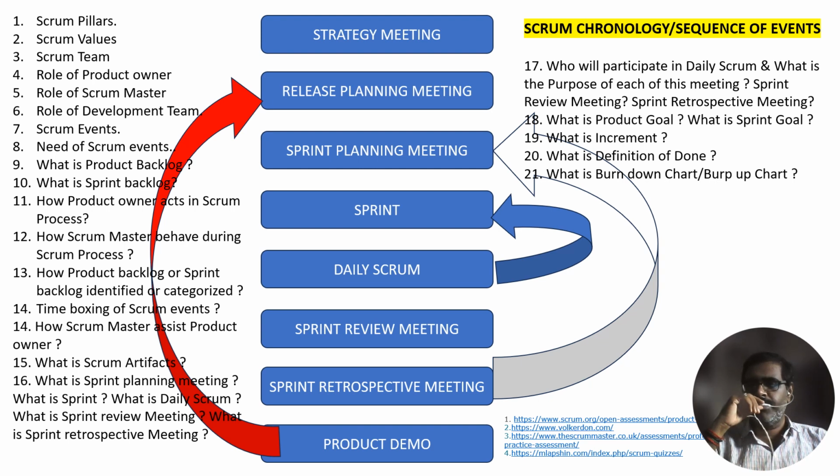The definition of done creates transparency by providing everyone a shared understanding of what work was completed as a part of the increment. If the product backlog item does not meet the definition of done, it cannot be released or even presented at the sprint review. Instead, it returns to the product backlog for future consideration.